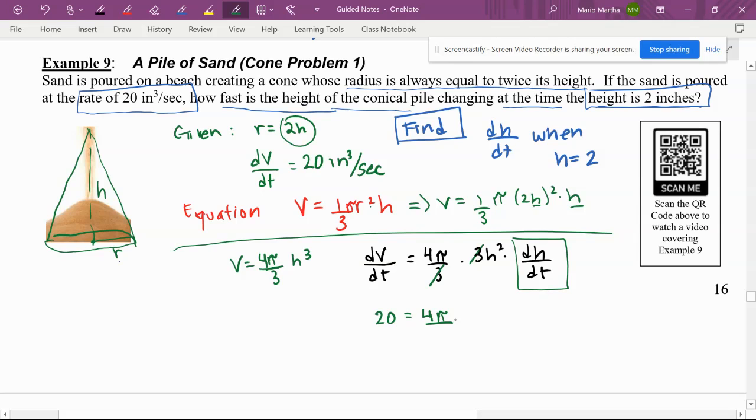Here we go. That's going to be 4 pi times H squared, which in this case is 2 squared, times dH/dt.